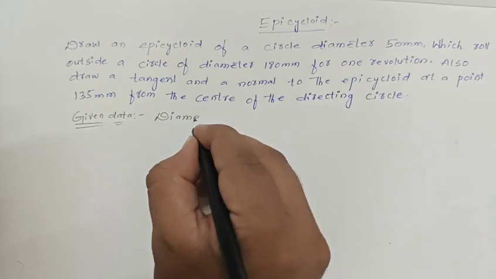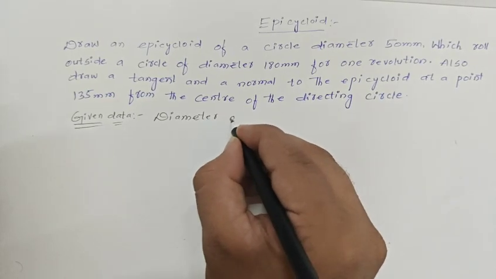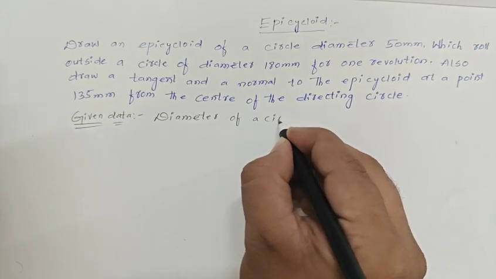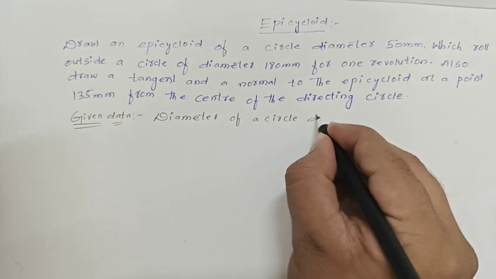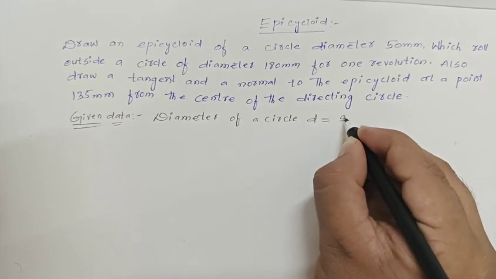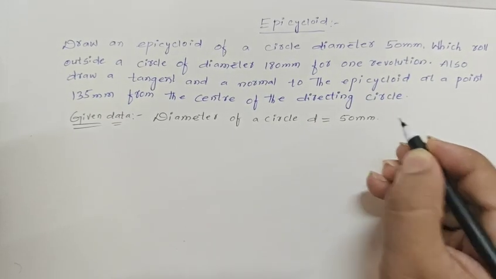Diameter of a circle, small d, is 50 millimeter.